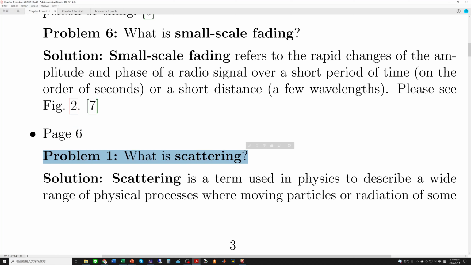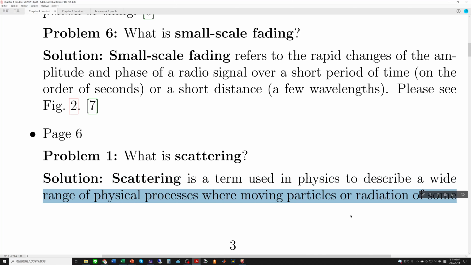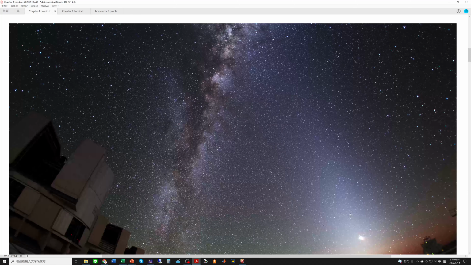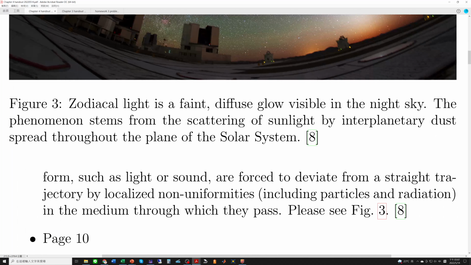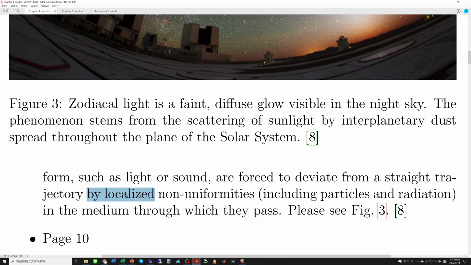scattering? Solution. Scattering is a term used in physics to describe a wide range of physical processes where moving particles or radiation of some form, such as light or sound, are forced to deviate from a straight trajectory by localized non-uniformities, including particles and radiation, in the medium through which they pass.